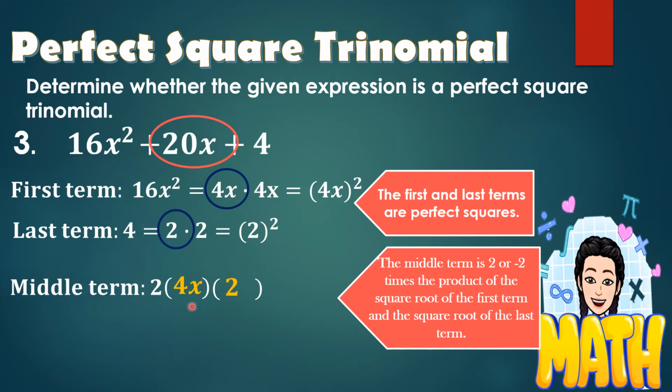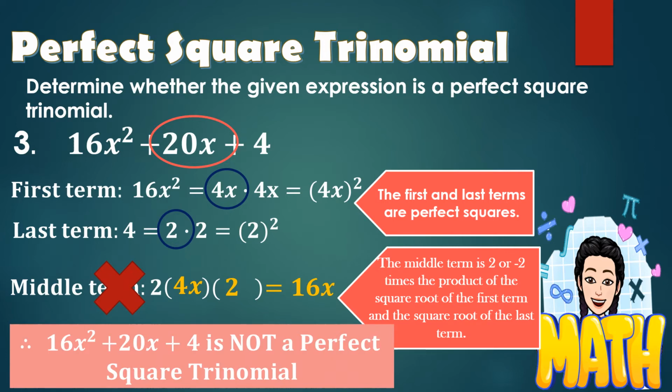So, 2 times 4x is 8x, times 2 is 16x. So, as you can see, hindi natin nakuha ang middle term. Kaya naman, this trinomial is not a perfect square trinomial.